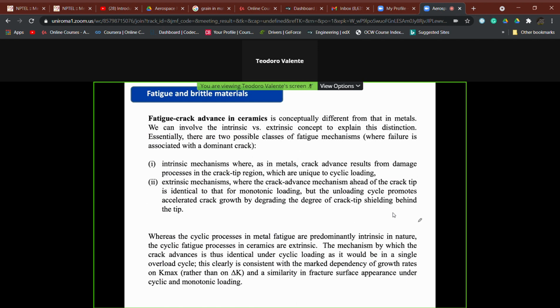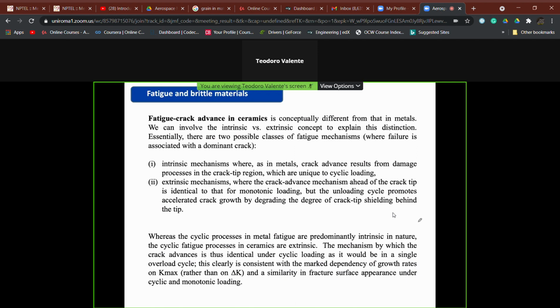Now, to close, we need to make some refinement, as I anticipated last time in class, on a special class of materials which are ceramic materials, that is, materials which are brittle in behavior.